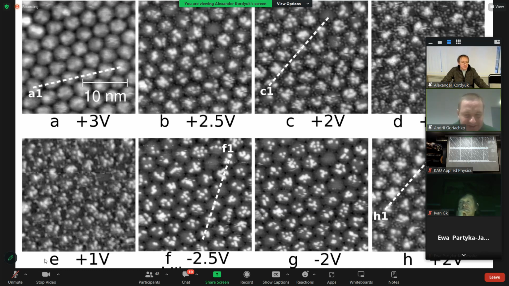It's basically like trying to fit a carpet on the floor of a room, but the carpet is larger than the room, so it will have to be corrugated in order to fit. This phenomenon is best seen in the empty electronic states, which is the leftmost and uppermost image on the screen now.